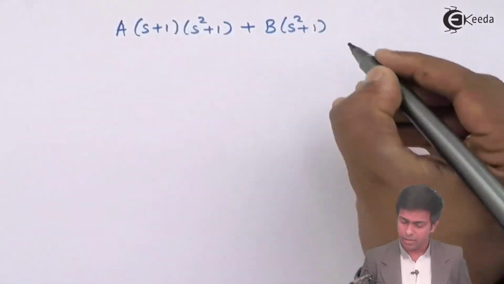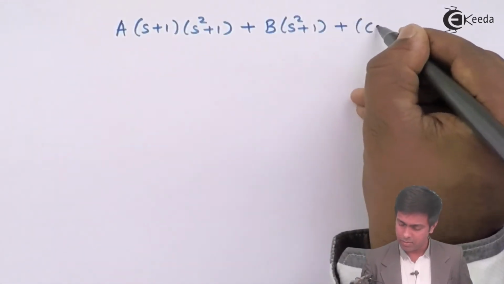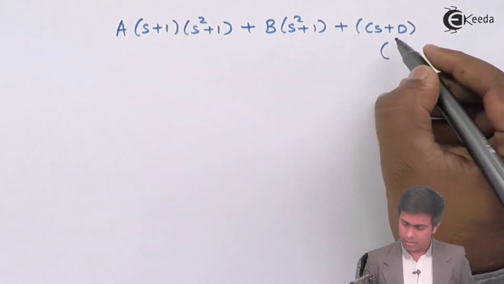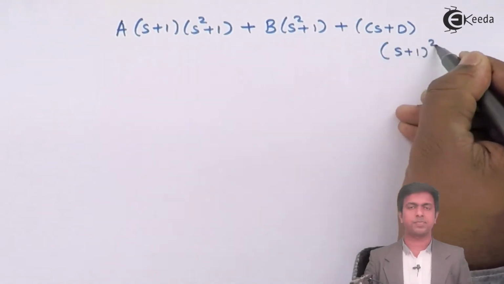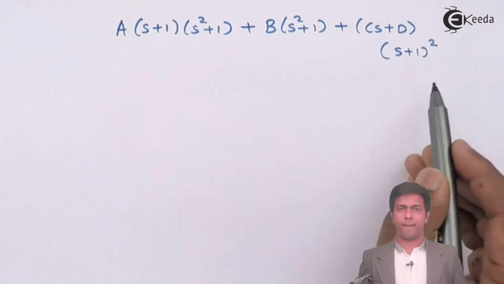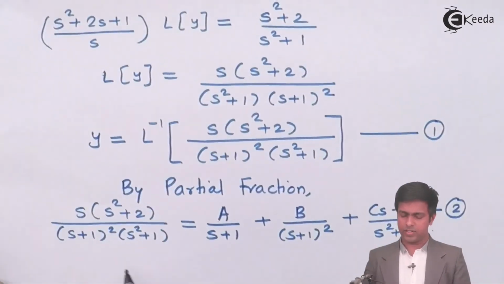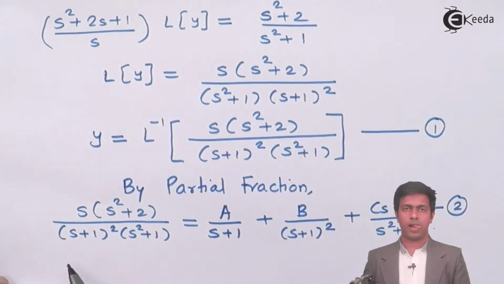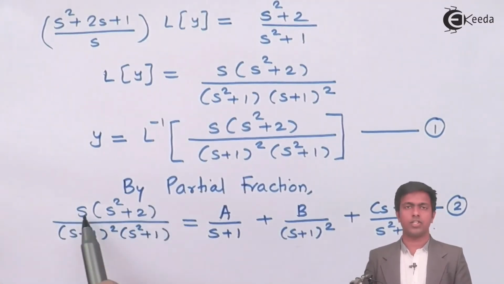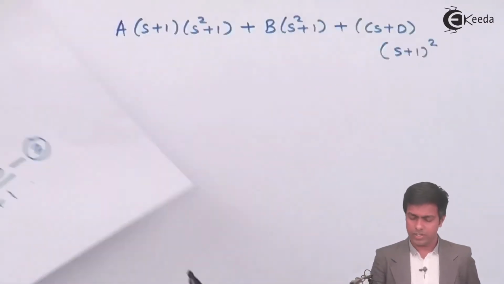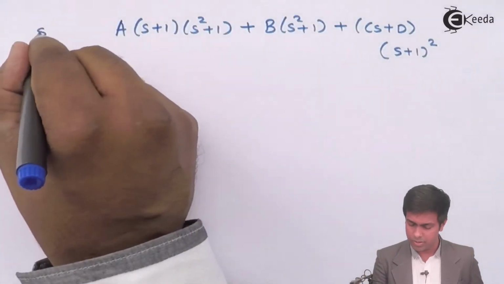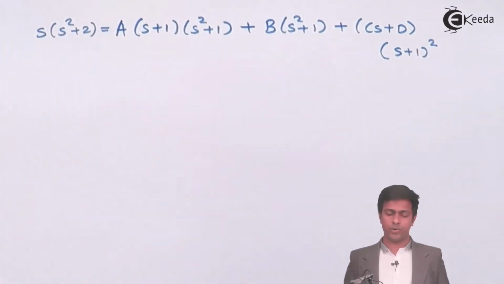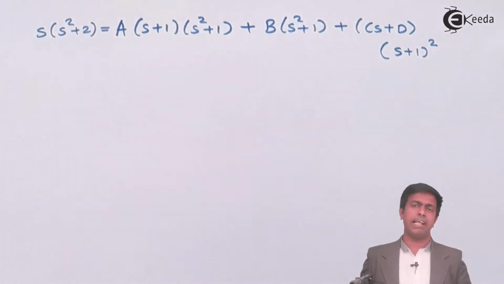So we will get plus (Cs+D)(s+1)² whole upon these terms. So these 2 terms will be cancelled with these 2 terms, and this numerator I'll write there, which is s(s²+2). So guys, I'm sure that you understood how to get the LCM.